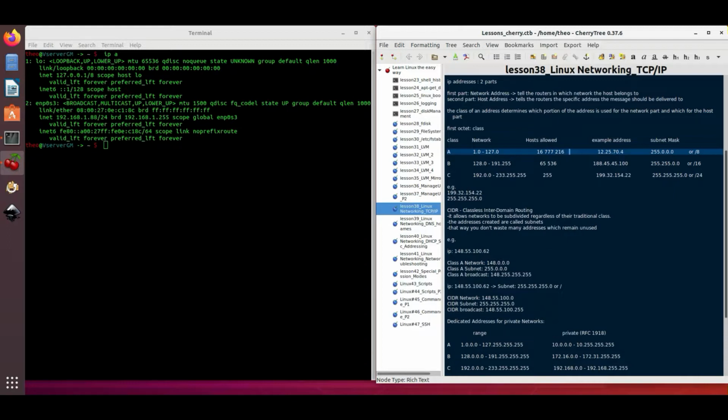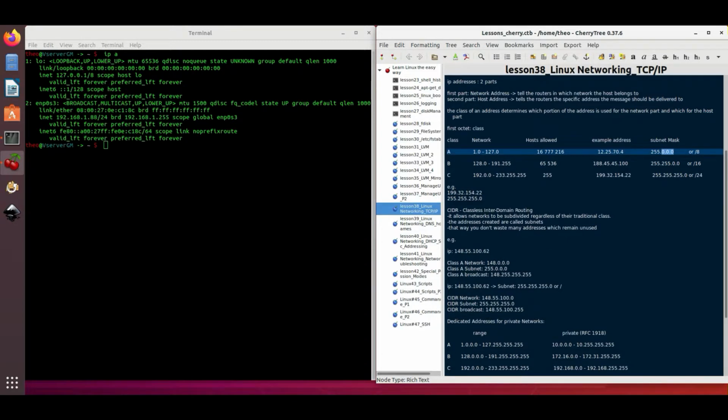And the subnet mask for a class A network would be 255.0.0.0/8. This /8 indicates that the network part here is full and the other parts are 0.